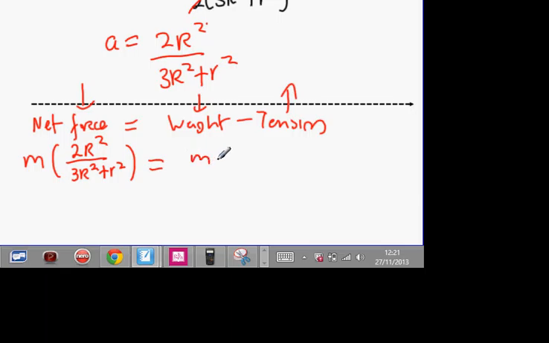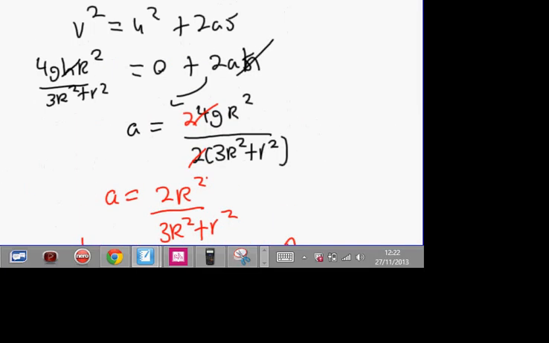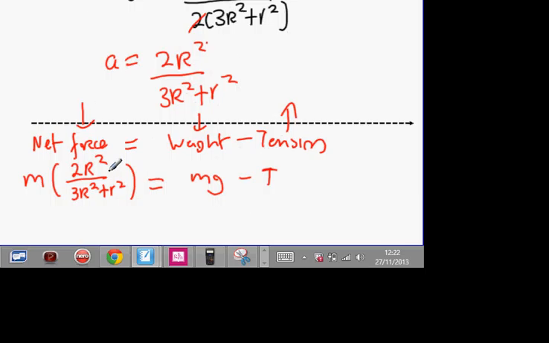Weight is mg, tension is minus T. It's 2g or so. Yeah, but I think it's g. I'm missing a g, am I?